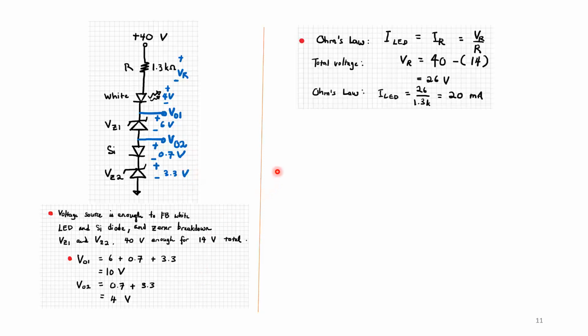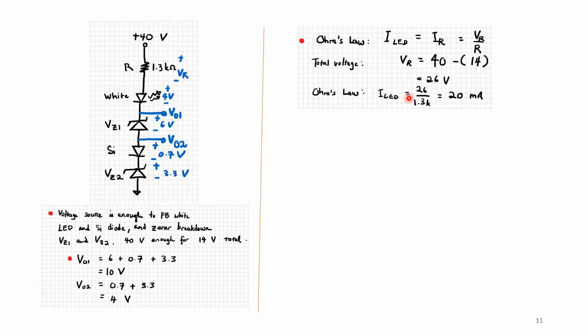Now if I do Ohm's law, why am I doing Ohm's law? Because I want to know the current through the LED, and the current through the LED is also the current through the resistor, because these are all connected in series.